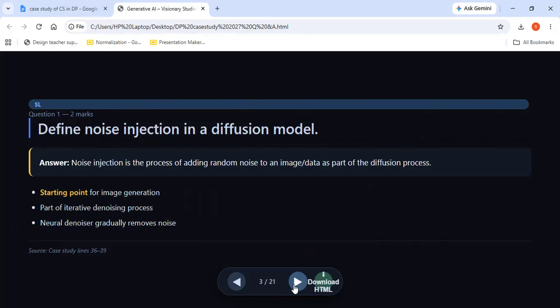It will train here. So it is the starting point for image generation, a part of the iterative denoising process. It keeps on adding noise to the images step by step. Millions of times this happens, and the neural denoiser gradually removes the noise.